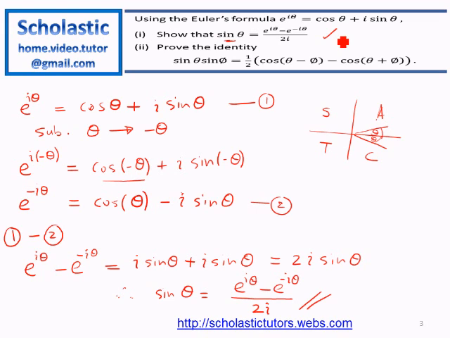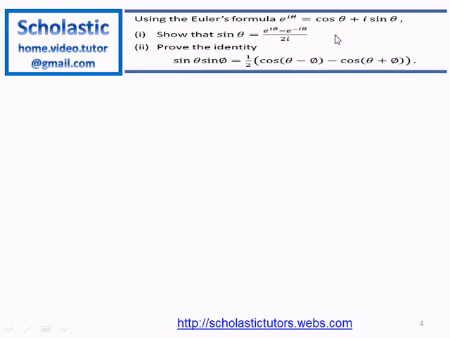And the second part of the question is to prove the identity. So we are given this one; sin theta is known. We need to find out sin theta times sin phi, so we can prove this. So we get sine theta back again.